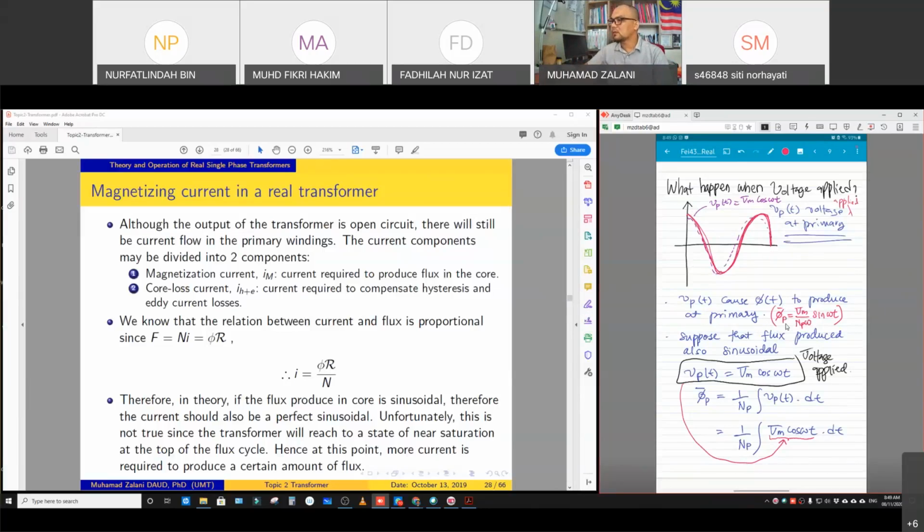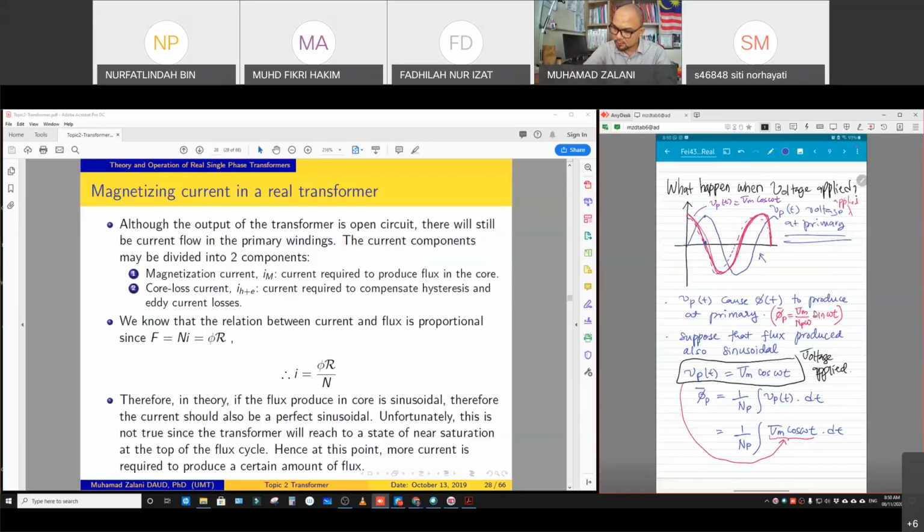So we can say that phi is now a sine function. As you can see in this equation, phi is a sine function. I can redraw it like this. When Vp is at 0, phi p is at the maximum point, and it is also a sine function, something like that.